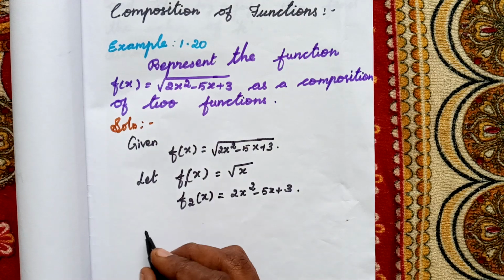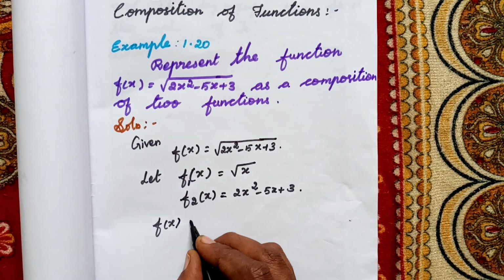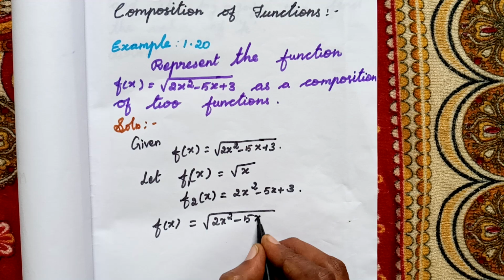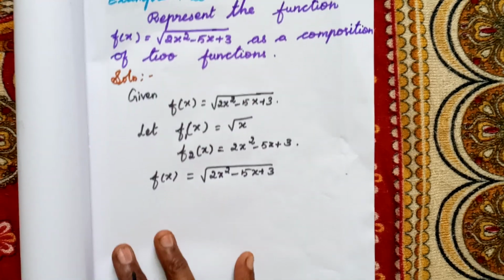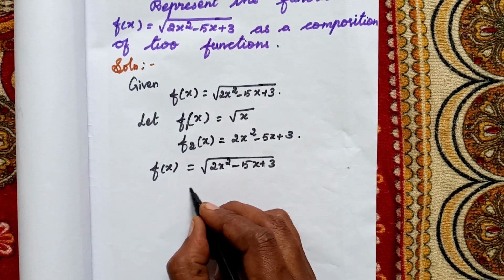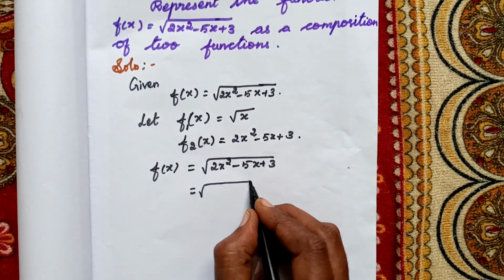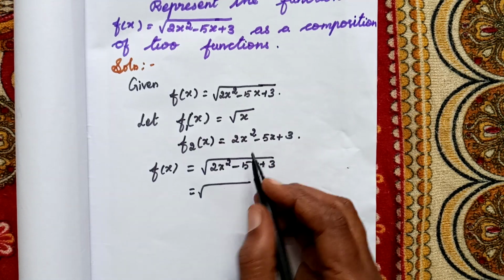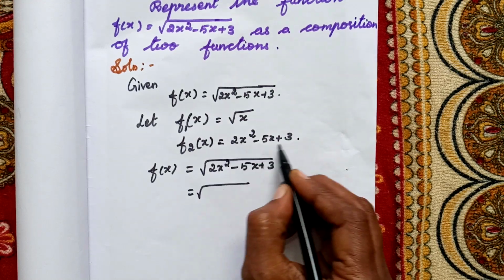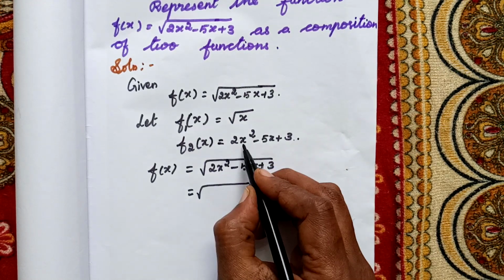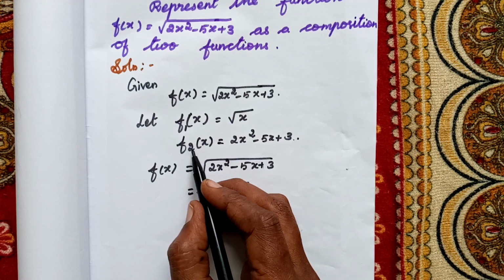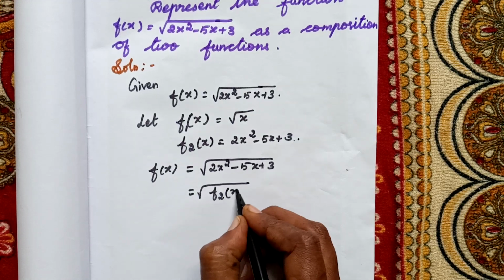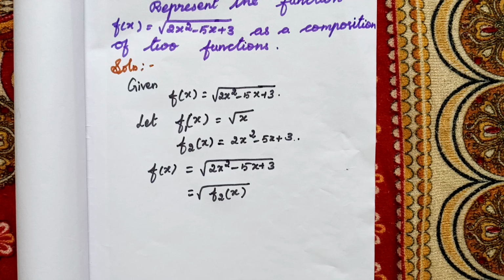Now I am taking f(x) = √(2x² − 5x + 3). Listen here. 2x² − 5x + 3 is f2(x), so I replace it with f2(x).